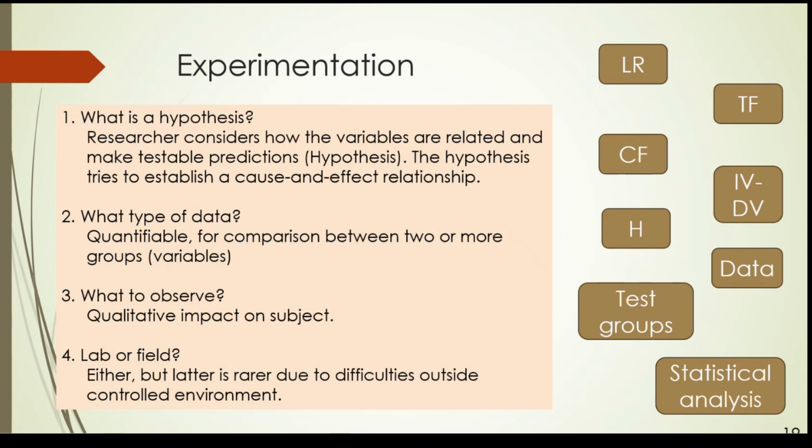You observe if these variables change, how it impacts the subject qualitatively. What is changing is quantity, right, from the experiment. But when you do the analysis and discussion, we want to know how the change in quantity impacts the quality. Do you see that?